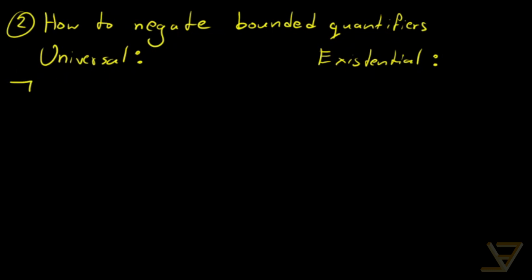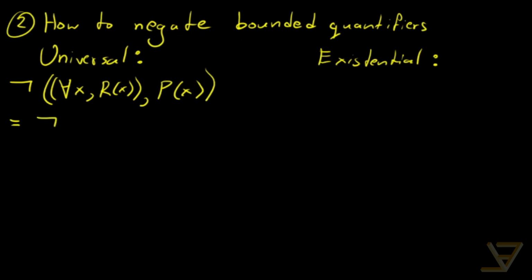Let's say we want to negate for all x, r of x, p of x. Let's turn this into the implication. So we have not for all x, r of x implies p of x.